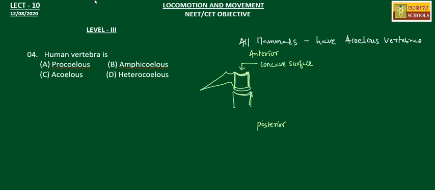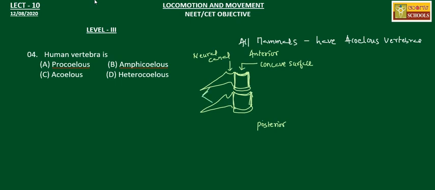Okay, and here you see, so this is the spine, and again you will find another vertebra below it. We know they are present one above the other, like this. So this will be the neural canal through which the spinal cord passes, and this is a neural spine.